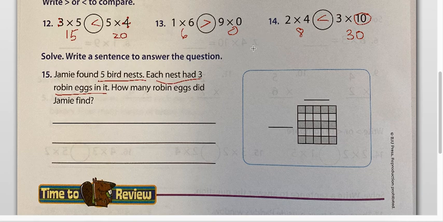So we have 1, 2, 3, 4, 5. We have 5 bird nests. Now each, that means in every nest, have 3 robin eggs. So there's 3 robin eggs here. So we have 3 here.